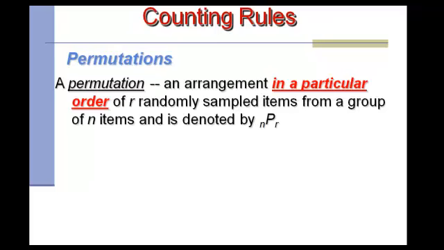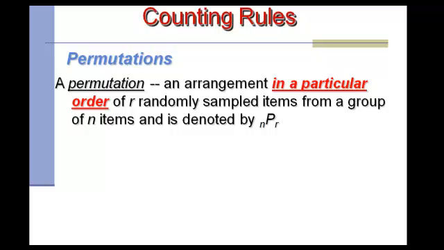Now, permutations. This is the way it's designated: you're always taking a certain number of items, R, from a group of items, N, and you're finding out how many arrangements you can make in a particular order.